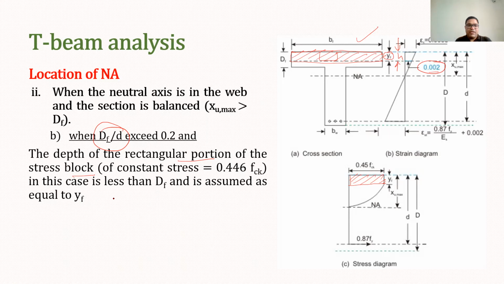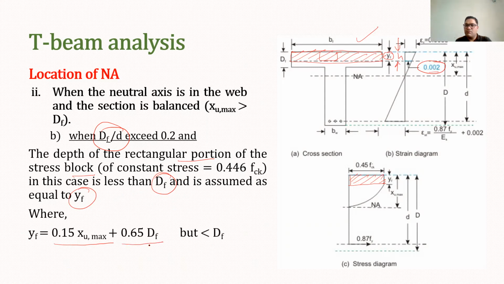Therefore, in this case, the depth of this constant block will be less than DF, and the value is assumed as YF, which is H and which is less than DF. So in this case we are required to find out the YF value. In IS code also the YF value is given, and YF is taken as 0.15 Xu max plus 0.65 times DF. So this formula is already given in the IS code to calculate the value of YF. So we can calculate that with that.